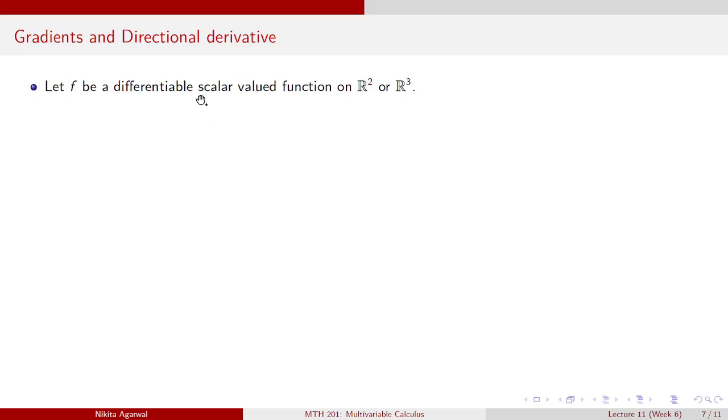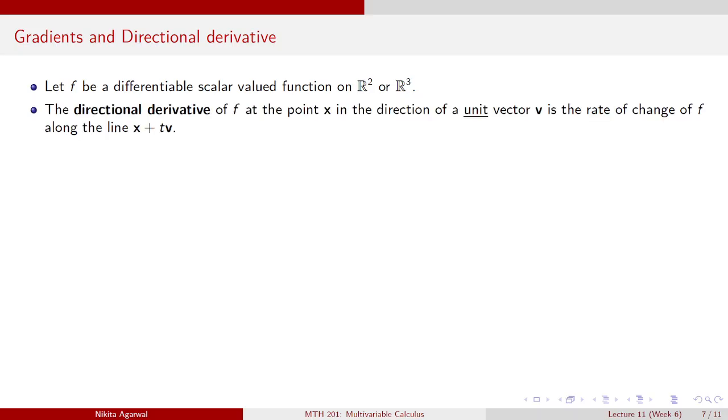So let f be a differentiable scalar valued function on R2 or R3. You should understand this terminology. When we say scalar valued function, that means it takes real values. What is directional derivative? The directional derivative of f at the point x in the direction of a unit vector v is the rate of change of f along the line x plus tv.